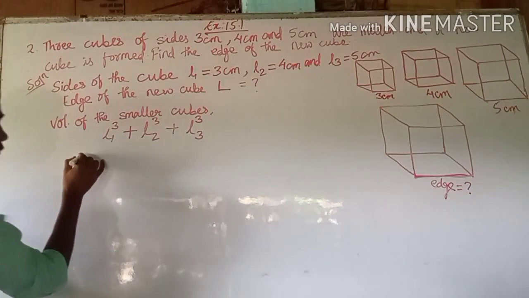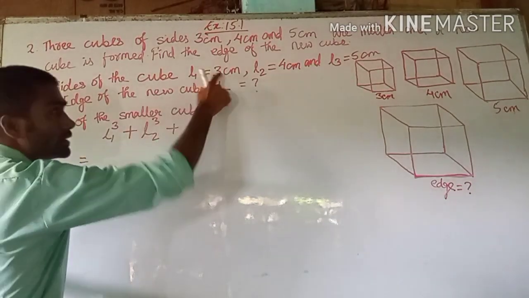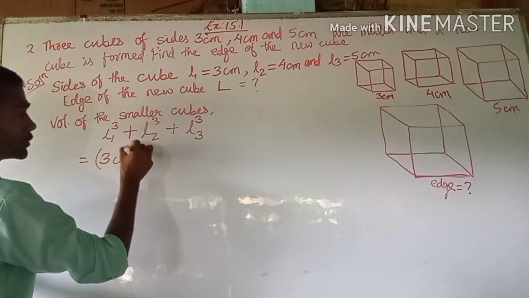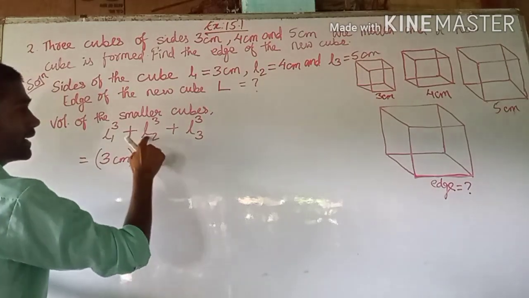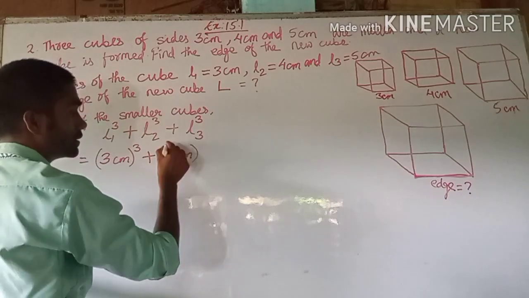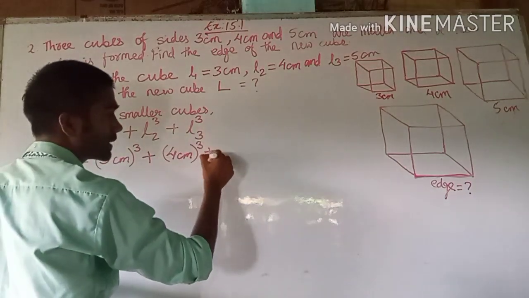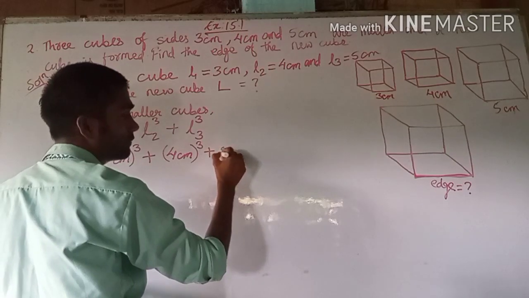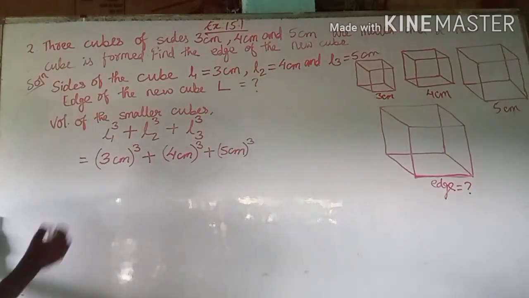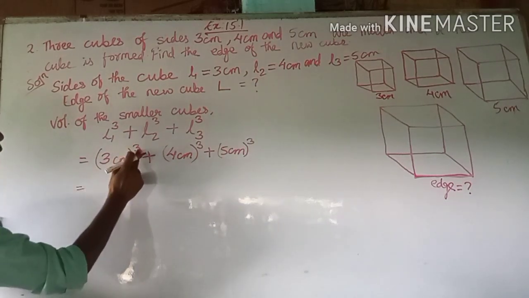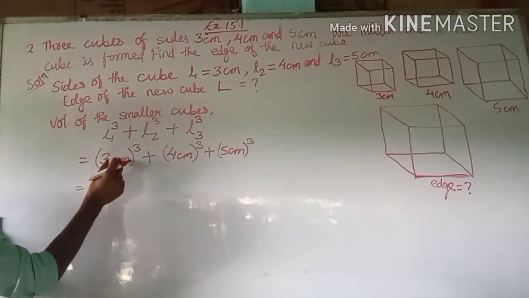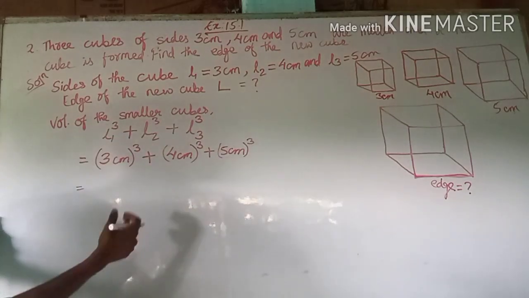Now we will find their volumes by placing their values: 3 centimeter to the whole cube plus L2, that is 4 centimeter to the whole cube, plus for L3 it is 5 centimeter to the whole cube. What does this cube mean? It means that we multiply the unit with itself 3 times.